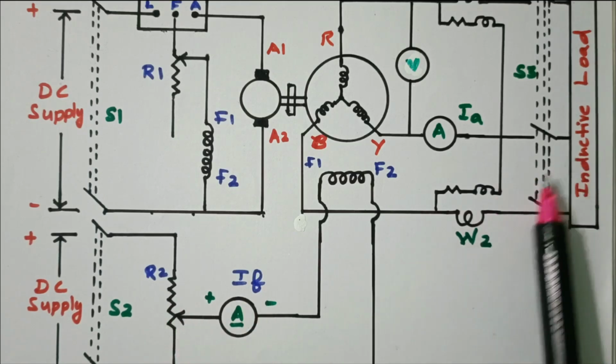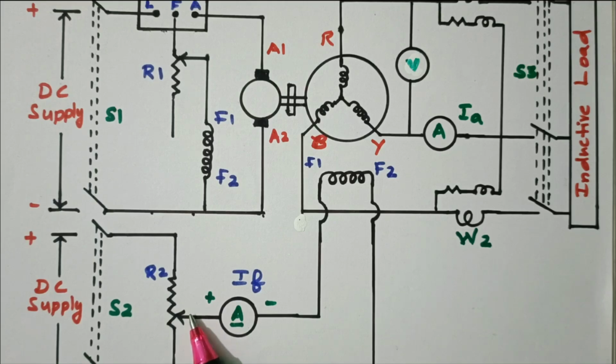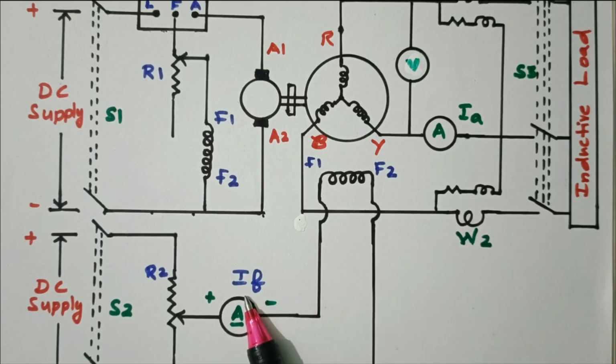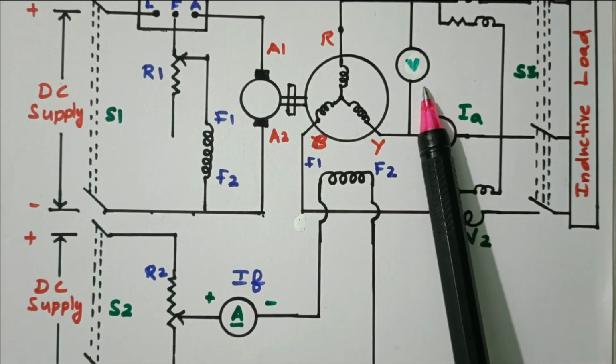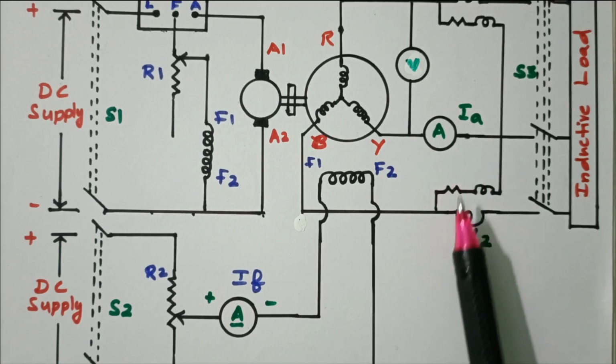This inductive load is connected at zero power factor. This field current is varied until zero power factor. At that zero power factor, the corresponding field current is called IF at ZPF. Similarly, the voltage is the voltage at ZPF. Also, we have to note down the current.